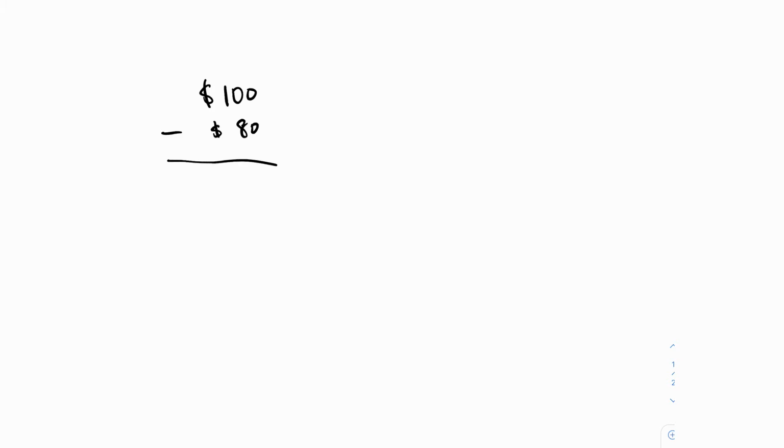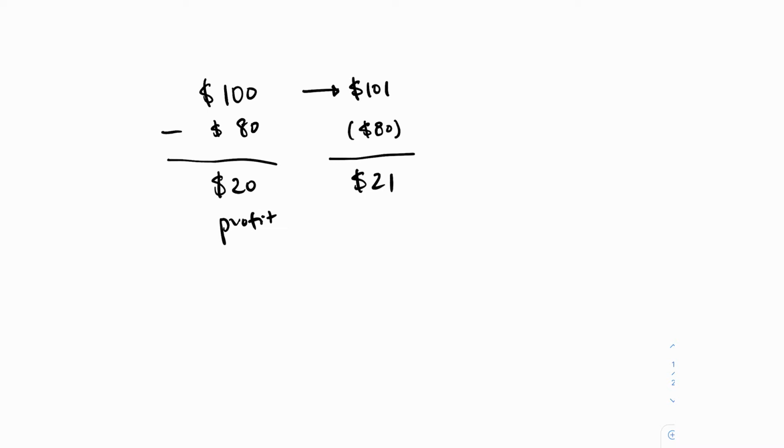Now, if the company can increase the price without having any impact on its demand, with a 1% price increase, what we are going to see is simply $101. Now, the cost stays the same, and 101 minus 80 becomes 21. So the company's profit went from $20 to $21. And that's about a 5% increase in profit.